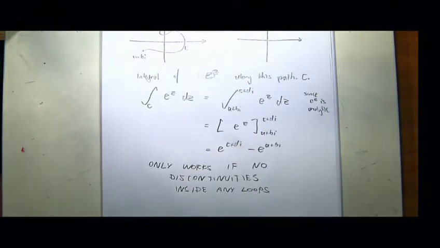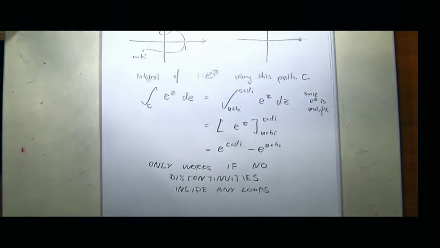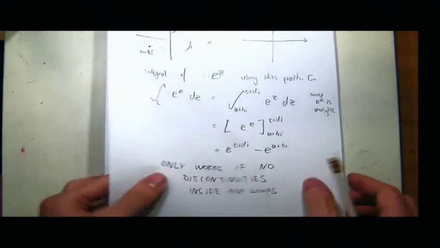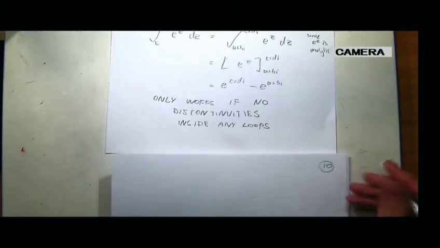But for a function that does have discontinuities inside one of the loops: if it doesn't form a loop, it doesn't matter, okay? But if it forms any loops and there is a discontinuity inside the loop, then something else happens. So then we get down to this question of what if there's a loop?